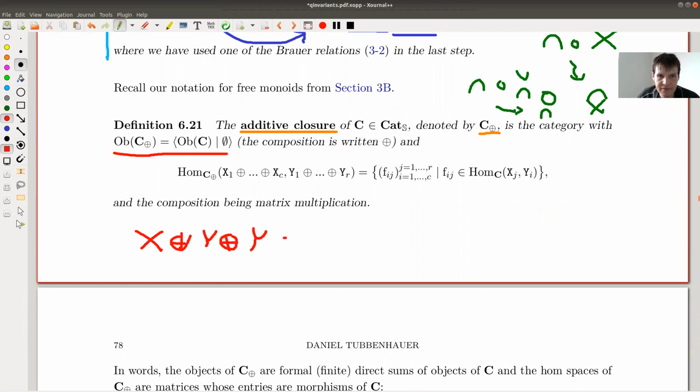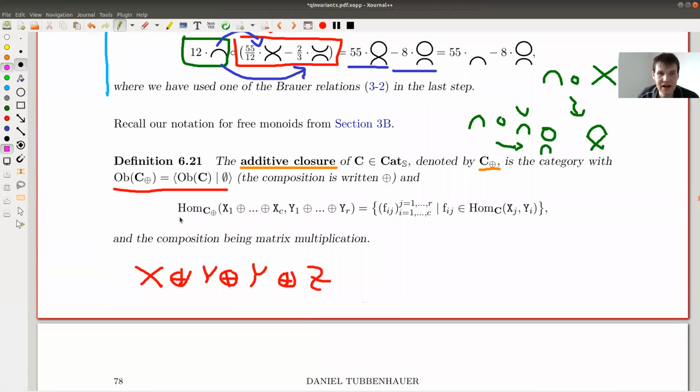Just formal direct sums, anything that is finite. Don't worry what those symbols mean. That's just a new set of objects. And the home spaces, and in the example it will be obvious, are now matrices of morphisms. That's a new home space, and composition is matrix multiplication.